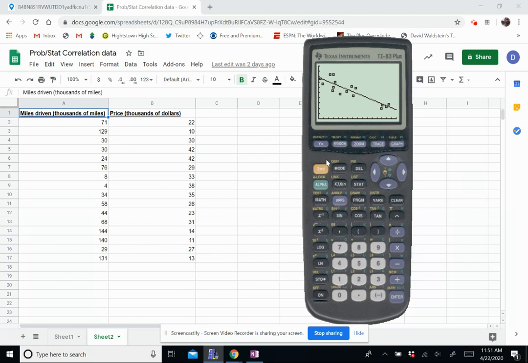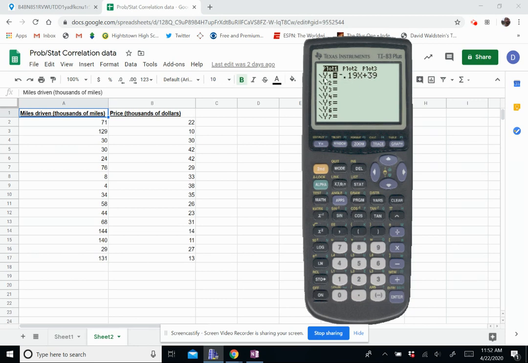So I can pick any miles driven within reason. So I could say, what if we have a car that we drove 100,000 miles? Well, I would just plug 100 into this equation, because we're in thousands of miles.